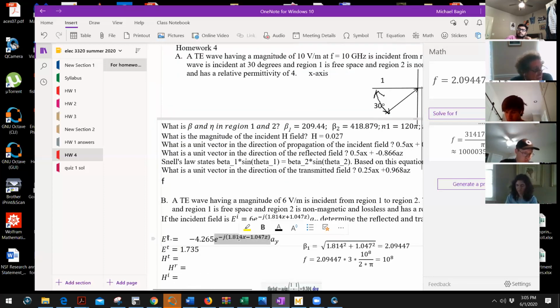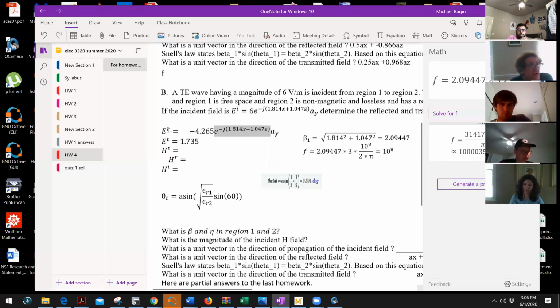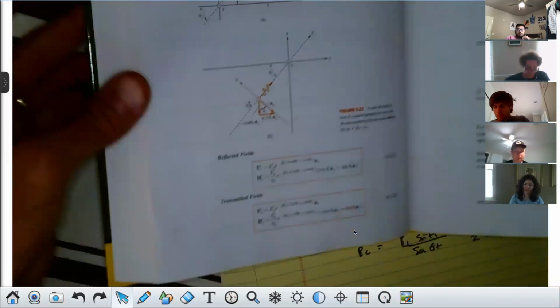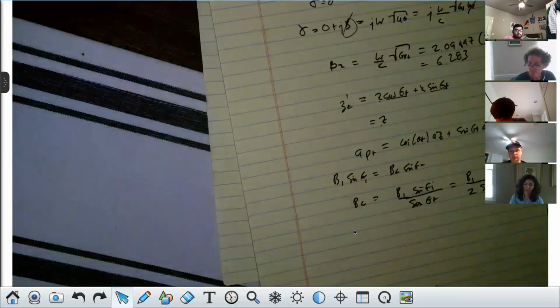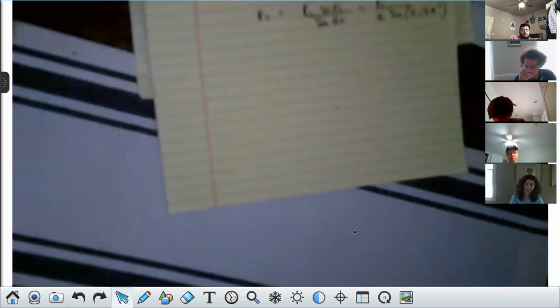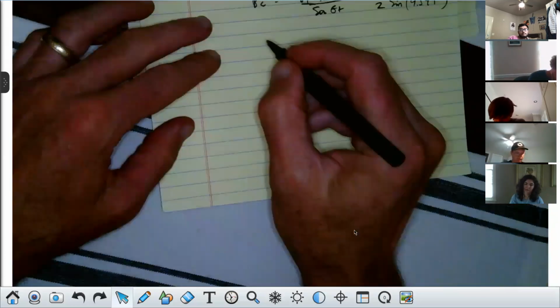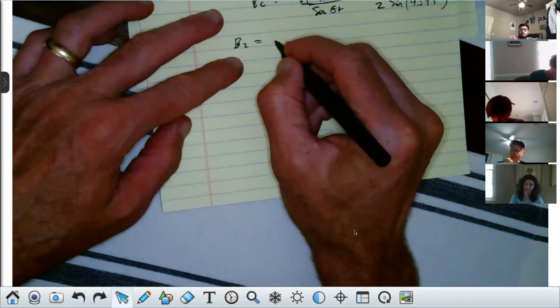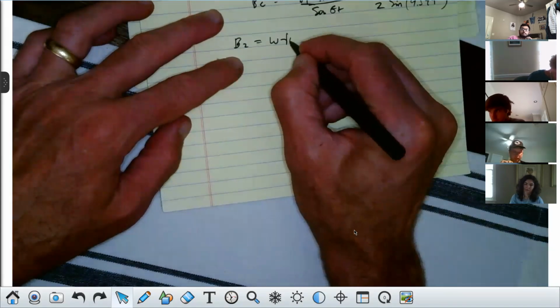This right here leads to a beta 2 of 2, or a beta 1 of 2.09447, right? Now, if that is the truth, if we want to get beta 2, over here, beta 2 is equal to omega times square root of mu epsilon.